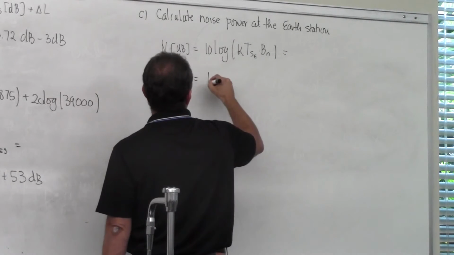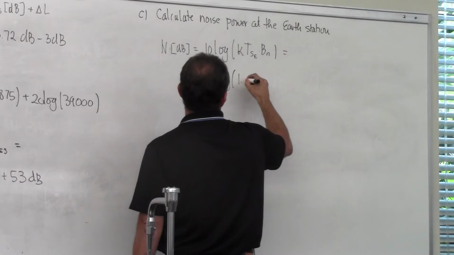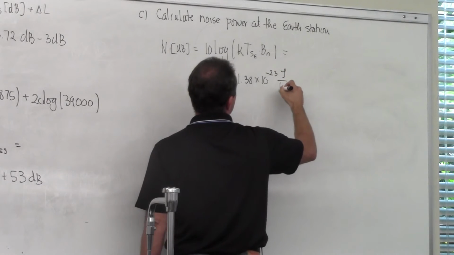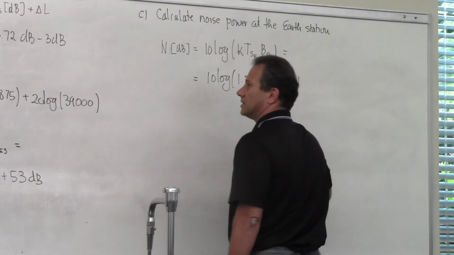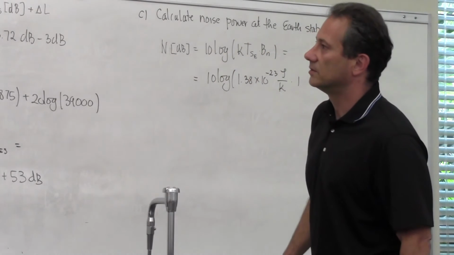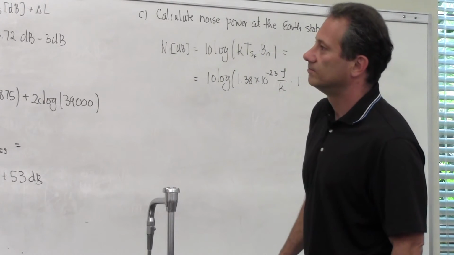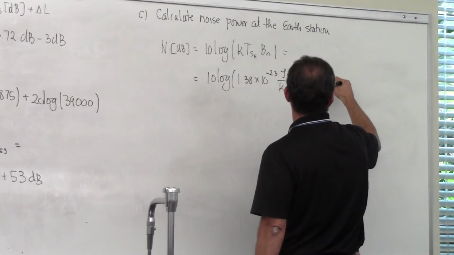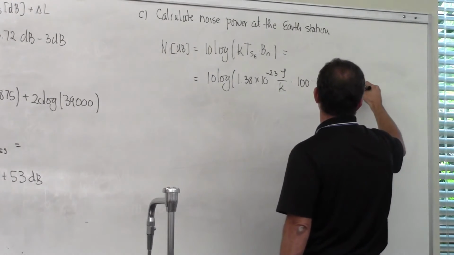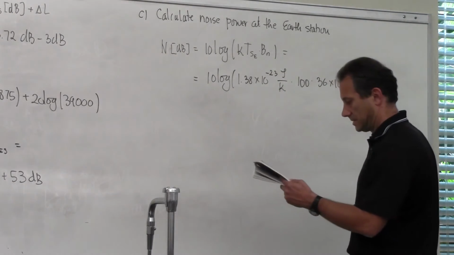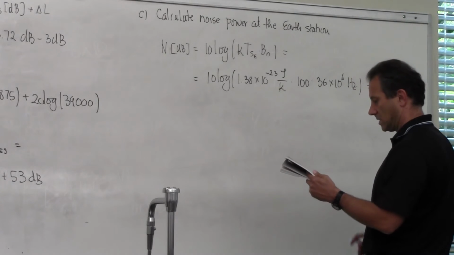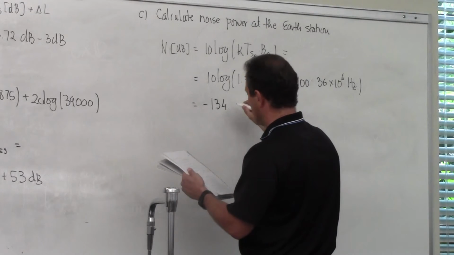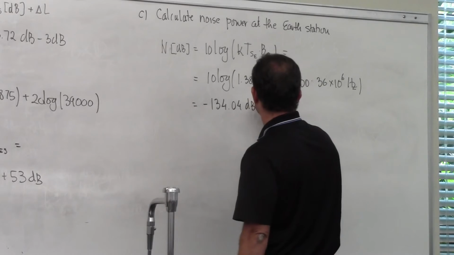This is 10 log of 1.38 times 10 to the minus 23 joules per Kelvin times, what was this, 100 or 150? I remember, 100, right? 100, and then times 36 times 10 to the 6 hertz. And this ends up being minus 134.04 dBW.